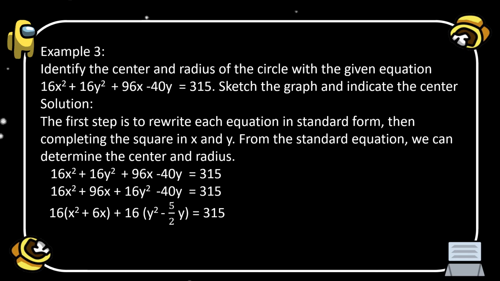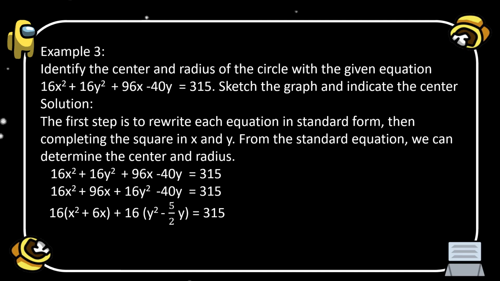Then we factor 16x squared plus 96x. The factor is 16, so we have 16 times x squared plus 6x, plus 16y squared minus 40y.